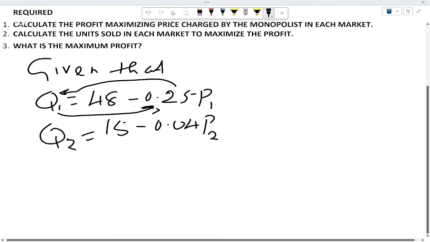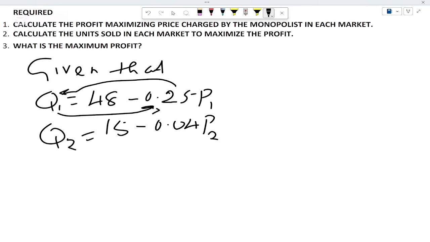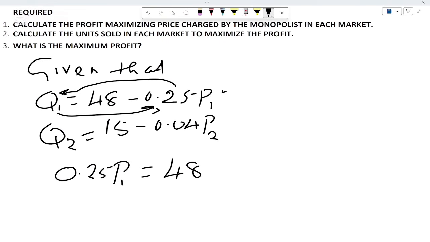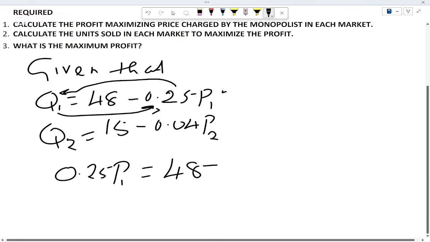So when this moves, you have 0.25 P1 equal to 48 minus Q1. When Q moves, it becomes minus Q1. Then you do the same thing for the second function.